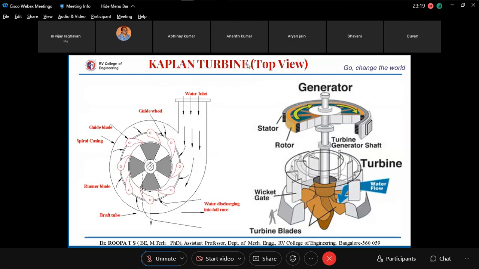Then we had the Kaplan, where water enters the turbine axially inward. So this is the axial flow type, where this is the shaft on which the hub is mounted, carrying the turbine blades. The water flows axially inward and strikes the blades. The angle of these blades can be adjusted to overcome the swirling effect.